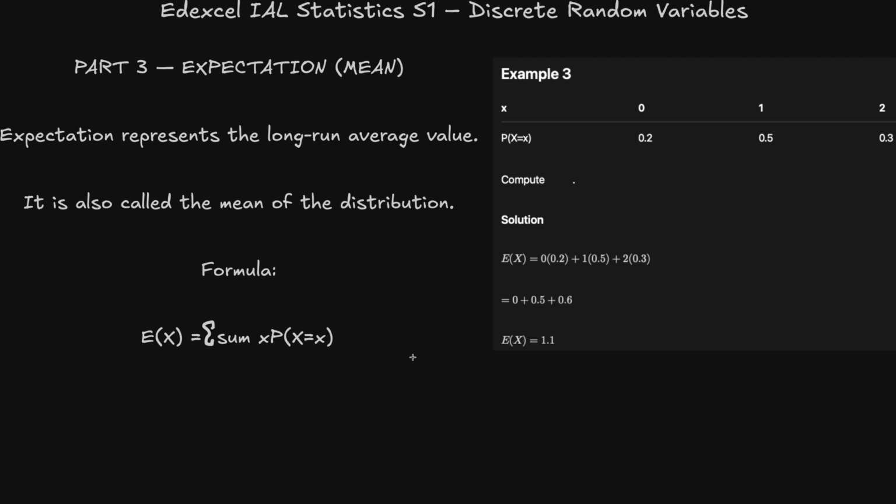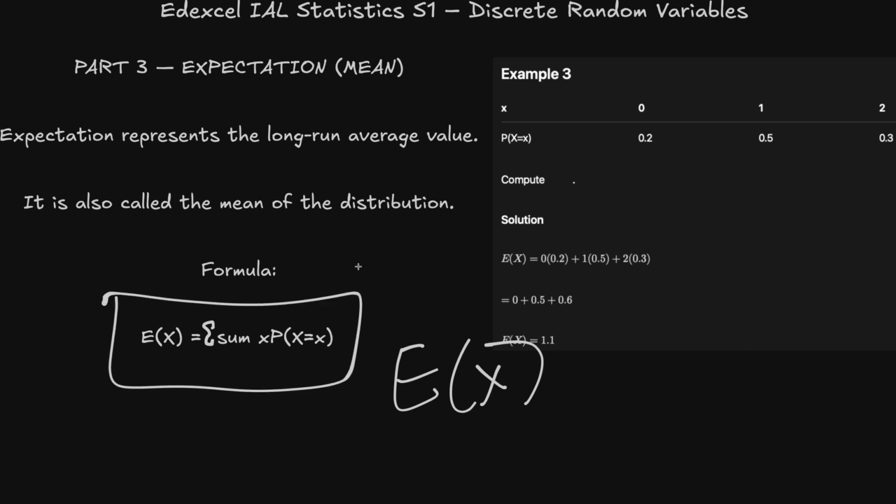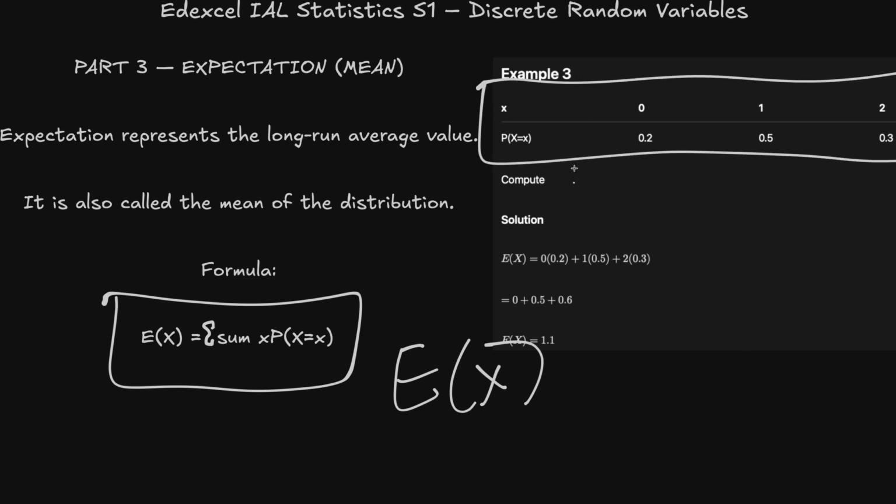Now part 3 of our lesson is the expectation, or the mean, or E of X. It's basically the long run average value, or the mean of the distribution. And this is the formula of the mean. It might look a bit daunting, but it's very simple. For example, if we have this distribution table, the mean would be these two multiplied plus these two multiplied plus these two multiplied.